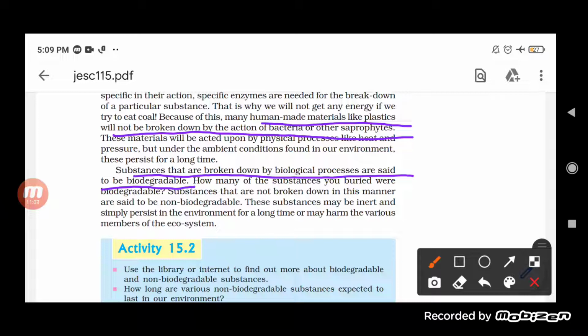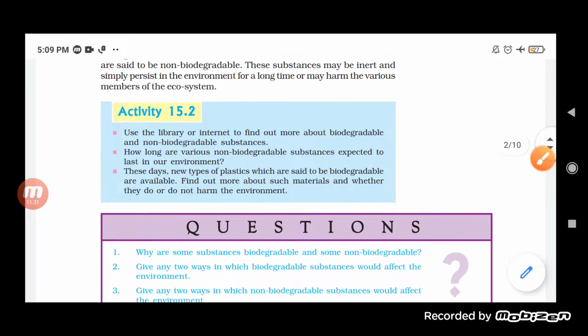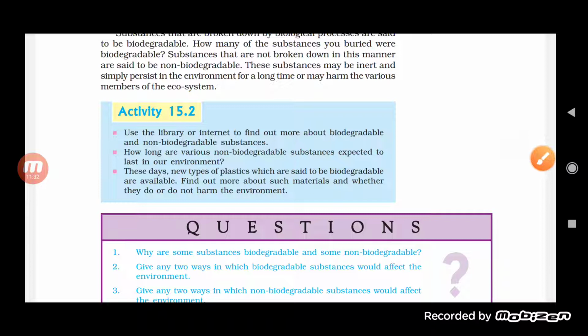Inert means the bacteria are not able to break them into simpler pieces or convert them into compost, and such substances are called non-biodegradable. So we have classified substances into two types, biodegradable and non-biodegradable. Now these substances are also a part of our ecosystem, so let us discuss this.